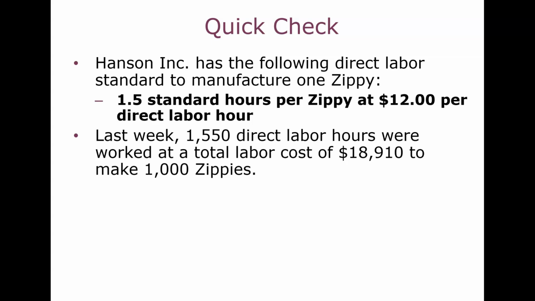Okay, looking back at Zippy, it takes an hour and a half to make their product, and their rate of pay is $12 an hour. Last week, they used 1,550 direct labor hours for a total cost of $18,910, and they made 1,000 Zippies.